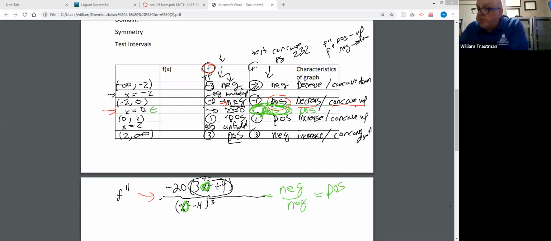Now, you have to go back to the last section. Remember, in the last video we did 2 types of problems, finding out where it was concave up or concave down. And then we used the second derivative test, or not the last section, 4.4, the next to the last section.